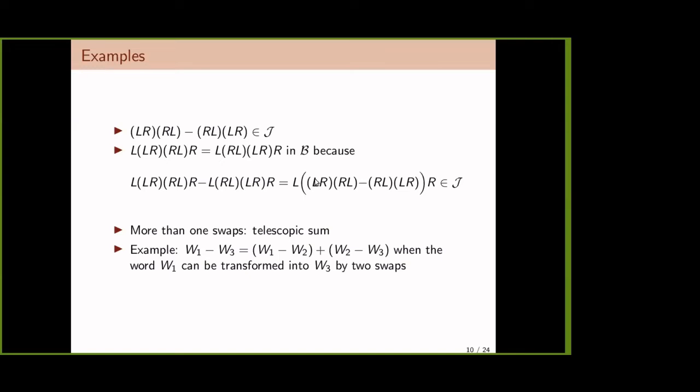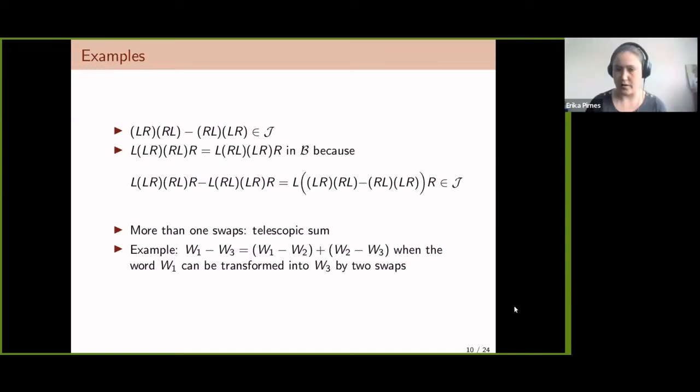So if we look at the general element, it always looks like a word times a generator times a word, and of course it can be a C-linear combination of those. That kind of element, word times generator times word, corresponds to swapping something inside the word.